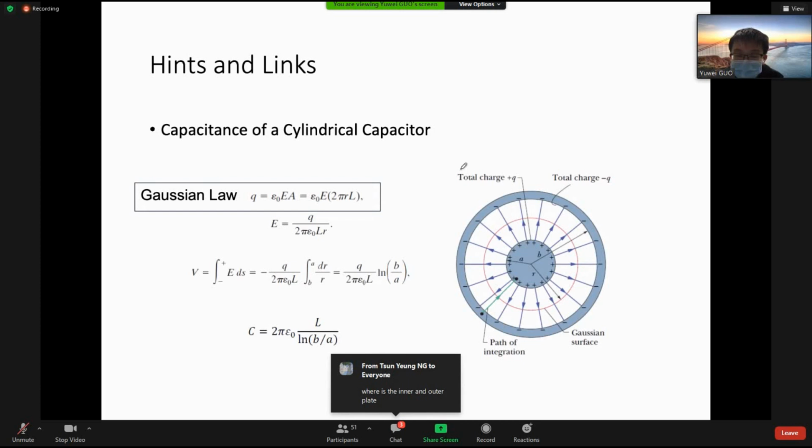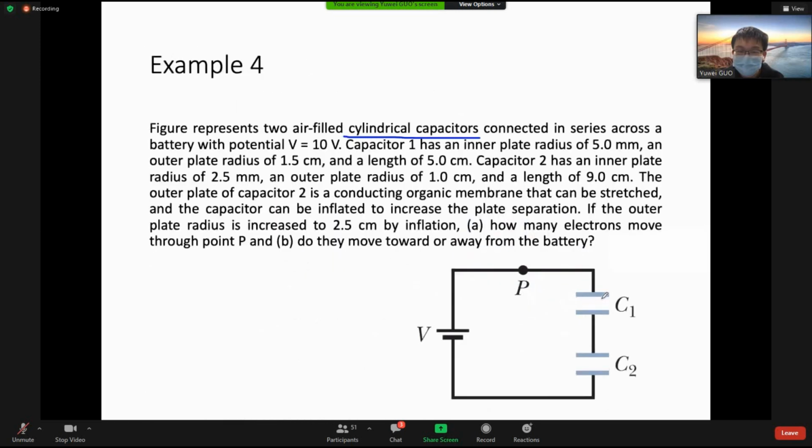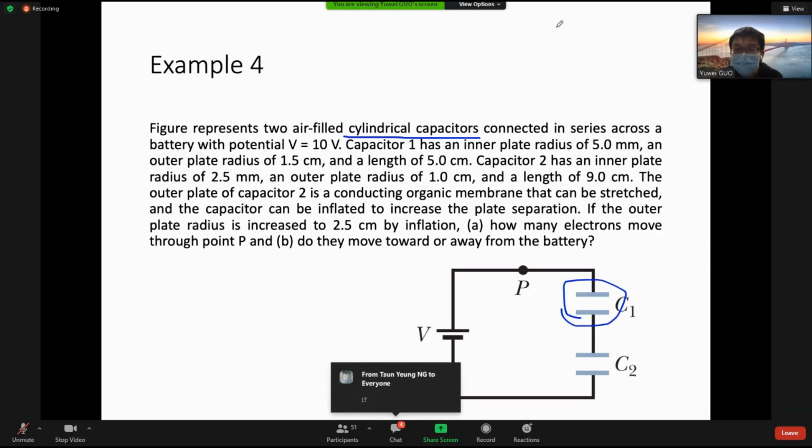The inner and outer plate. It's only a simplified plot, so it didn't plot the cylinder. Here is the inner.